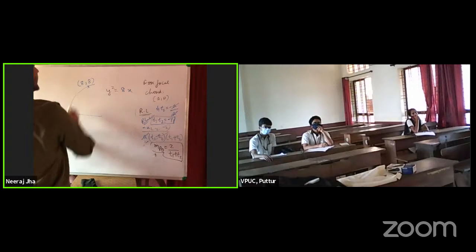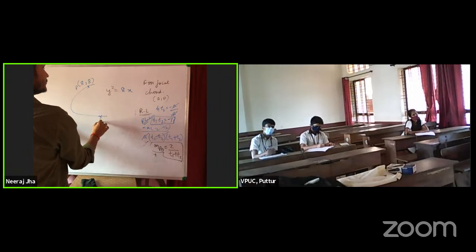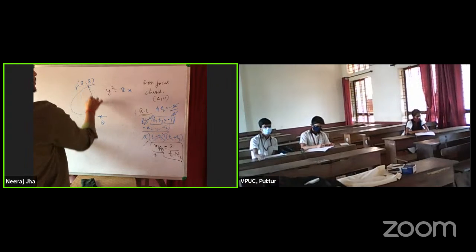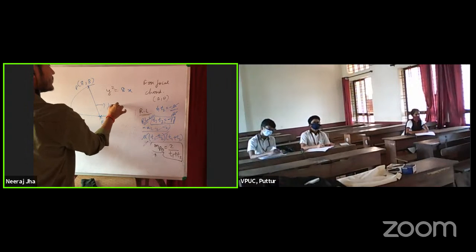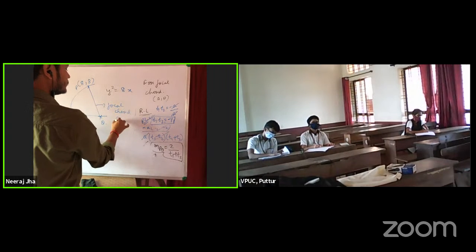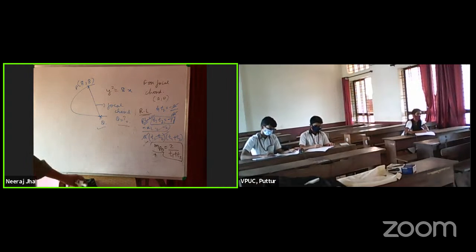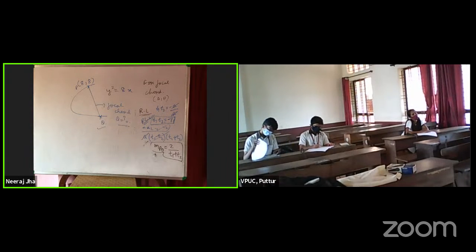Let's say this is the point 8 comma 8, and this is some point Q. If PQ is a focal chord, find Q. Q point निकालो. Y square is equal to 8x is a parabola, and if PQ is a focal chord, find Q.